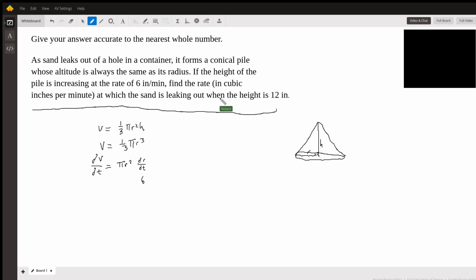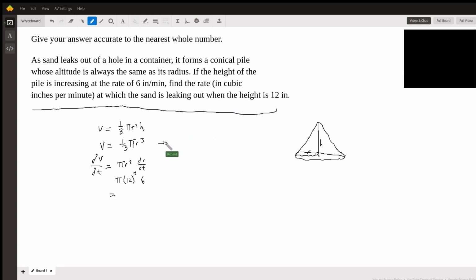And the height or the radius is 12, so it's going to be 12 squared and pi. I suppose I should have written the whole thing in terms of h instead of r. They keep referring to the height, but the height is equal to the radius.